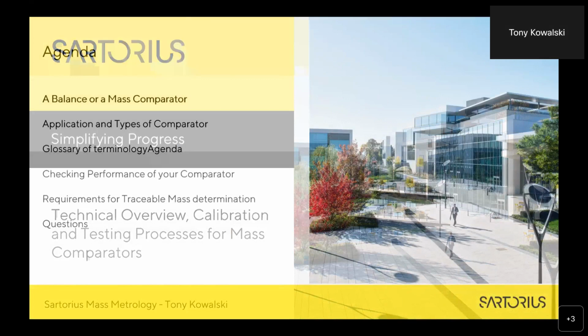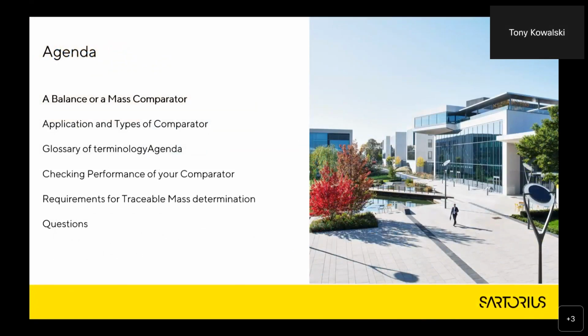So what should we discuss? Well, one of the many questions that we get from even our own Sartorius people is: is it a balance? Is it a mass comparator? What are the differences? And we will look at that very closely.